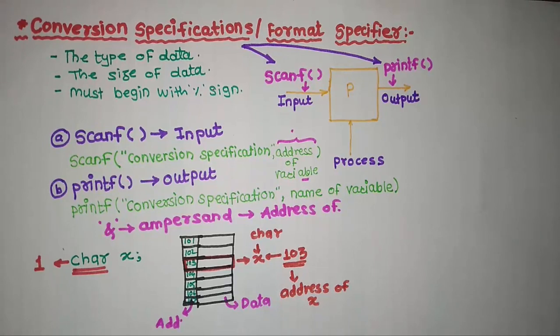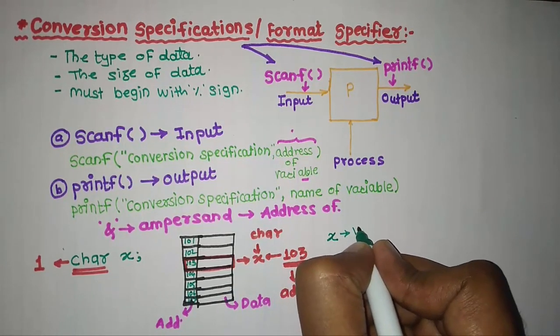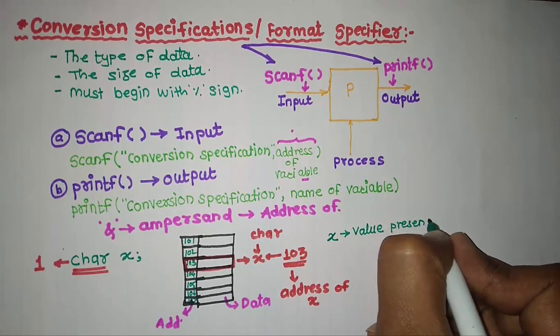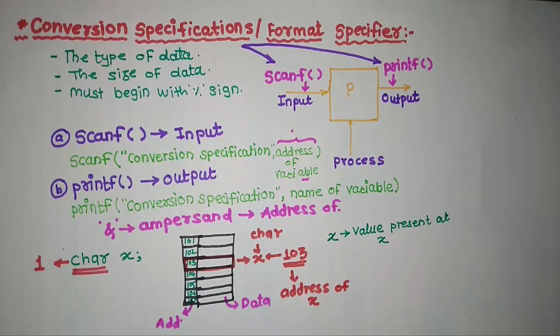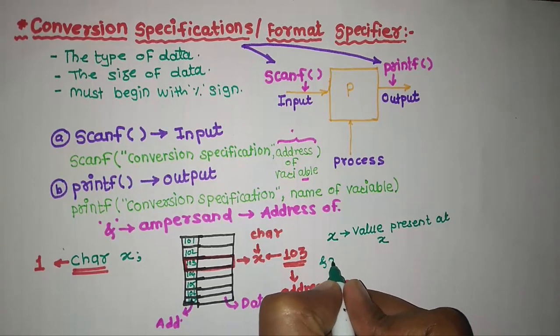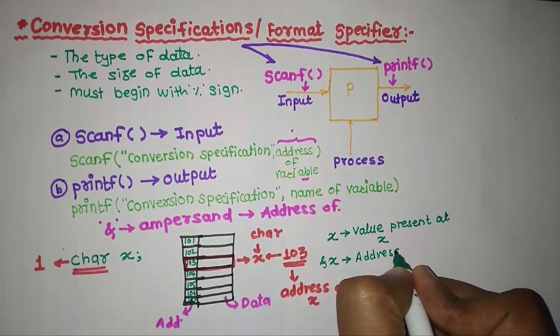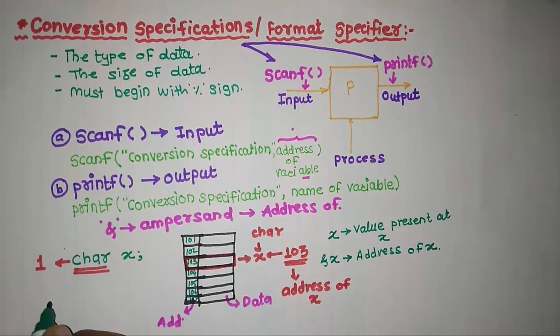So the moment we write x, it represents the value present at x, that is the value of x. Whereas if we write ampersand x, then it returns the address of x. For example, suppose we are assigning the character a to this variable x.